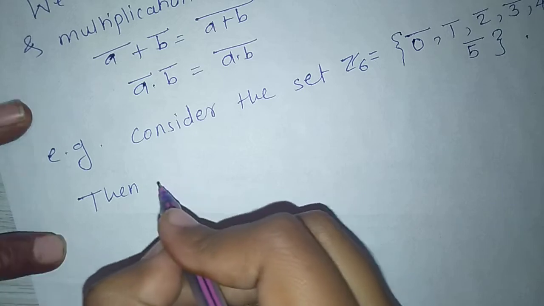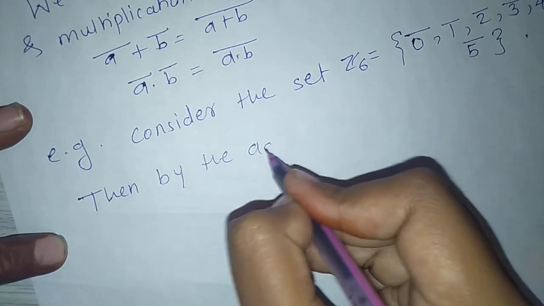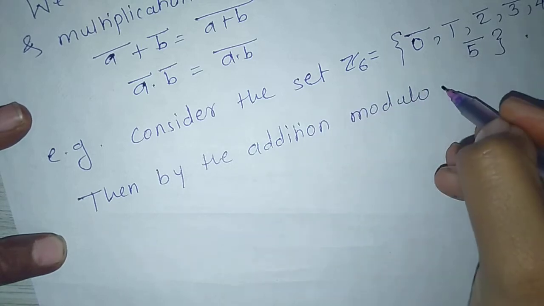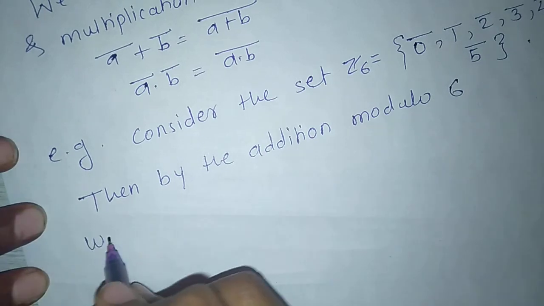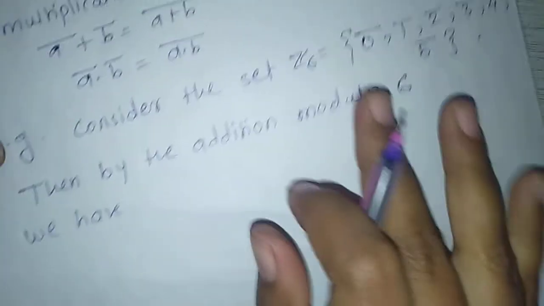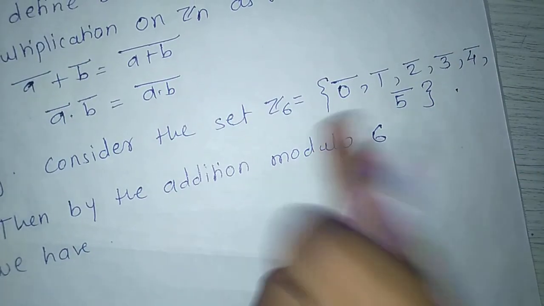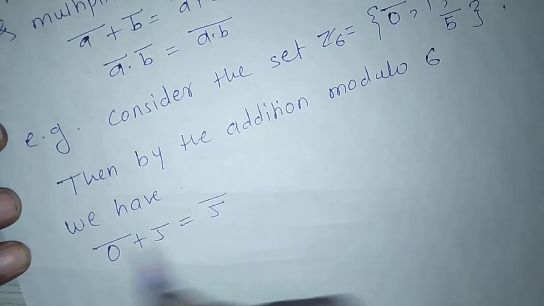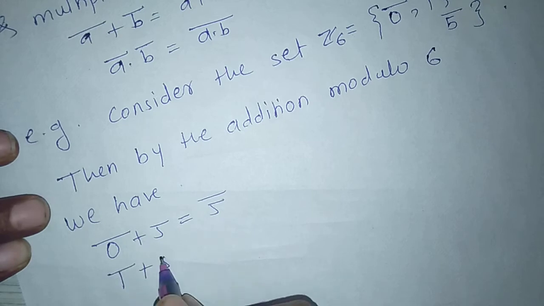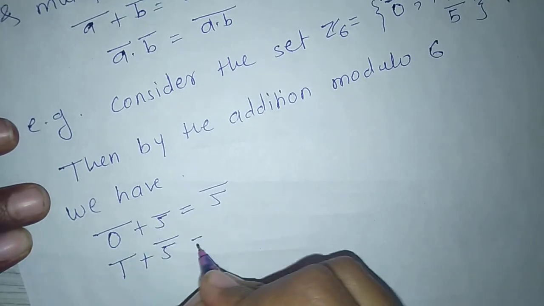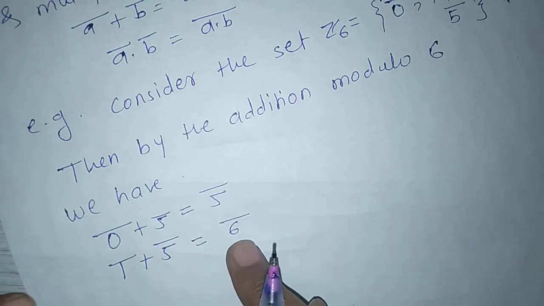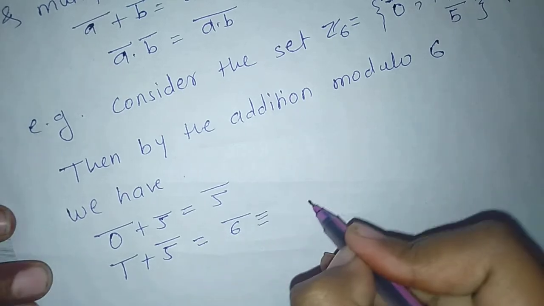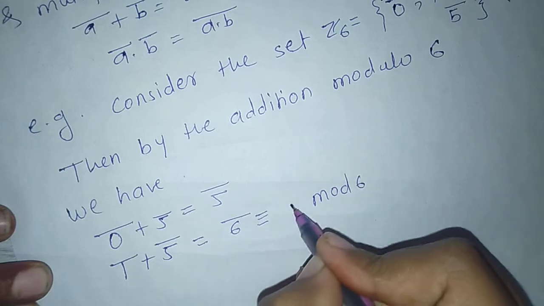we have, when we add numbers of Z6, we get 0 bar plus 5 bar equal to 5 bar, 1 bar plus 5 bar equal to 6 bar, but here the numbers we see in modulo 6, therefore 6 bar is congruent to something modulo 6 equal to 0.